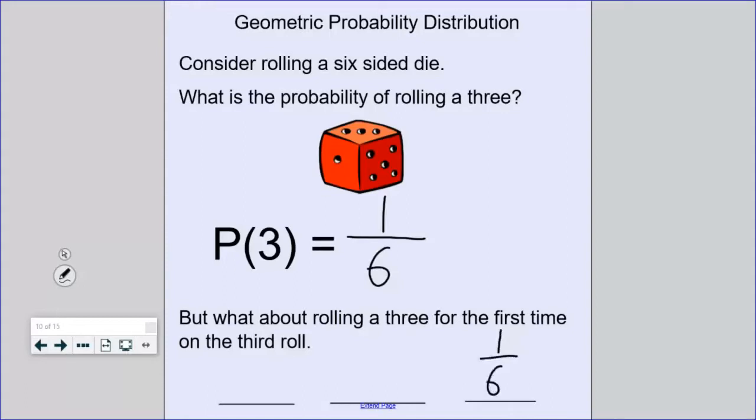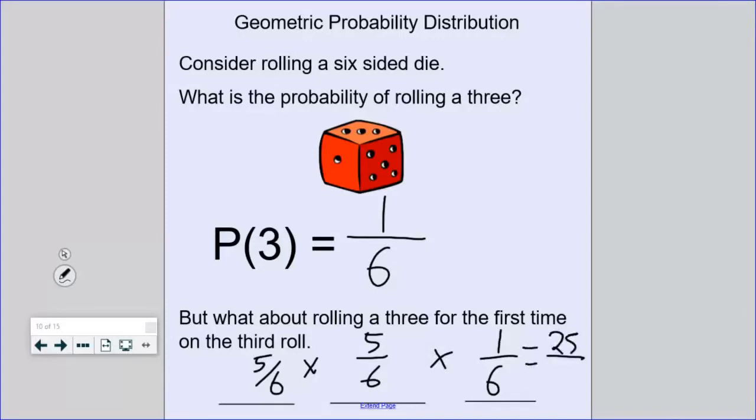I got my 3. But now look at my first 2 times. Well, if the first time I got a 3 was there, that doesn't tell me anything about the rest of the times. I could have gotten anything except a 3. So that's 5 out of 6 times 5 out of 6. And if we remember, I'm doing multiple events. They're independent from each other. So I just multiply them all times each other to find our real probability.